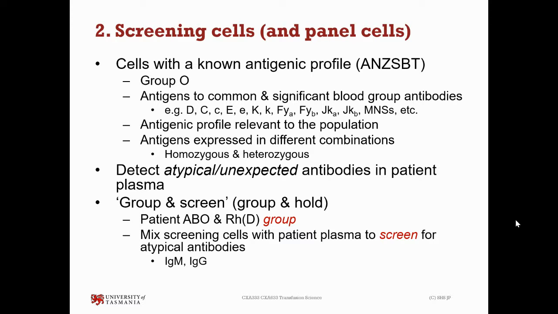So what do I mean by homozygous and heterozygous? What's the difference between those two terms when you've got red cells that are expressing homozygous expression of an antigen or heterozygous? What does that mean?